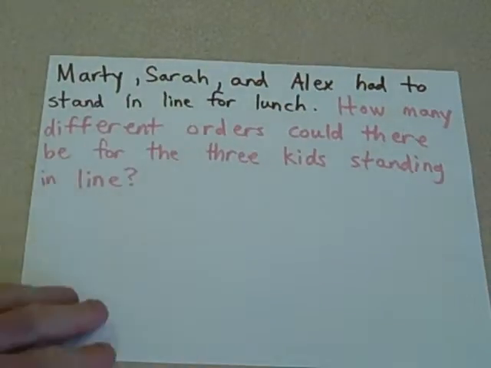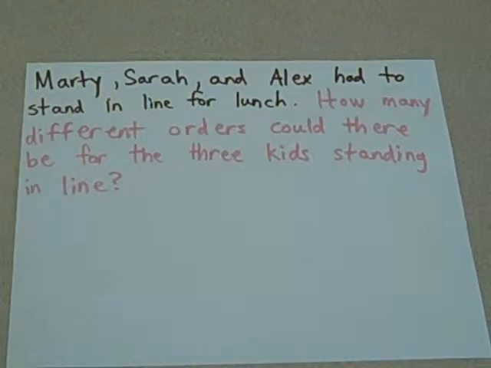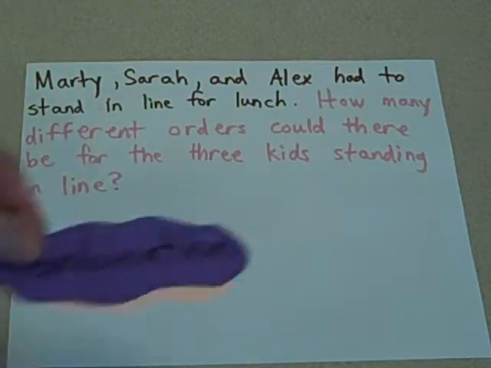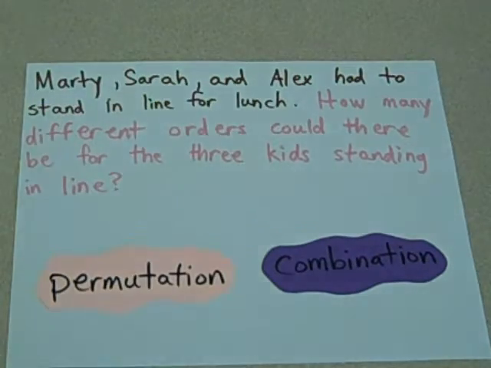And our last practice problem. Marty, Sarah, and Alex had to stand in line for lunch. How many different orders could there be for the 3 kids standing in line? So 3 students standing in line waiting to eat. Hungry, hungry. How many different orders can they be in line?